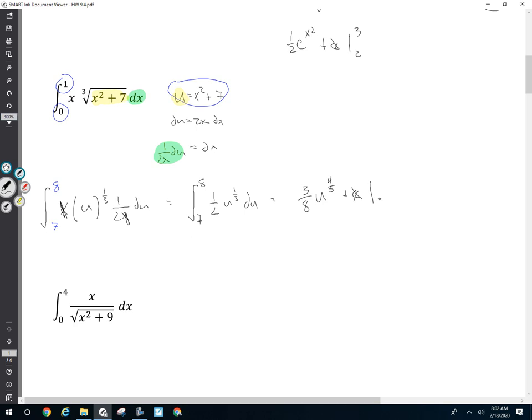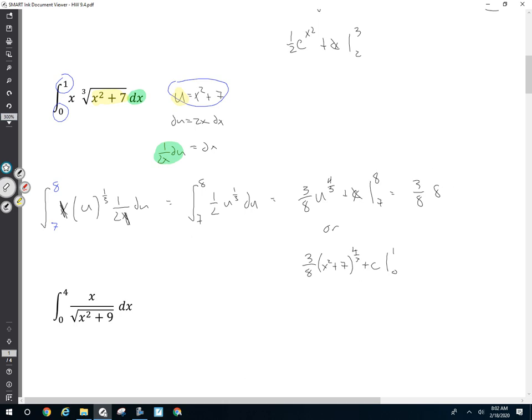From 7 to 8, we'll need the c because I'm finding the change. It's the same as 3/8 x squared plus 7 to the 4/3 plus c from 0 to 1. I'm not going to be able to do 7 to the 4/3. I can do 8 to the 4/3.